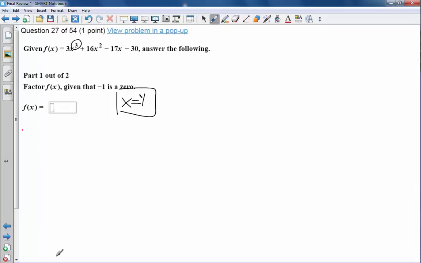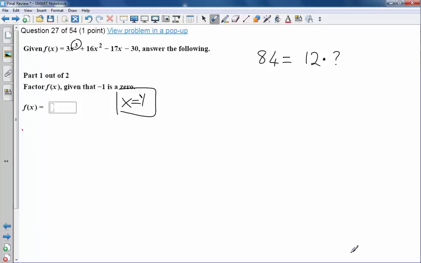Okay? So let me relate this question to this one. Let's say 84. And I'm telling you to factor it, and I'm giving you one of the factors, let's say, 12. How would you find the other factor?